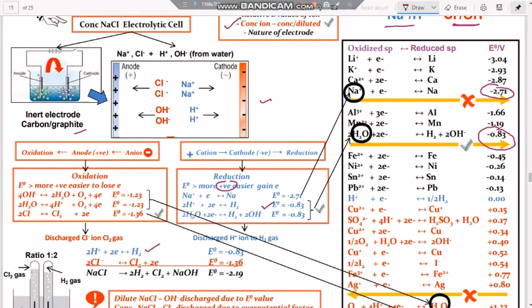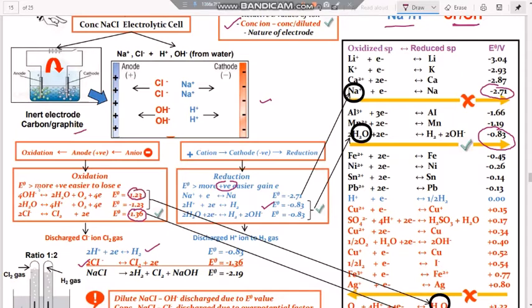When you take sodium chloride, coming to the chloride ions, if you compare chloride, OH minus and water, chloride is minus 1.36, while that of OH minus ions is minus 1.23.